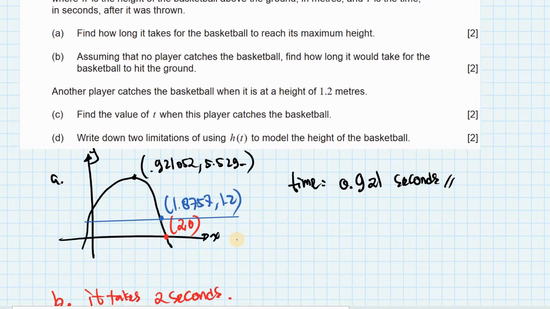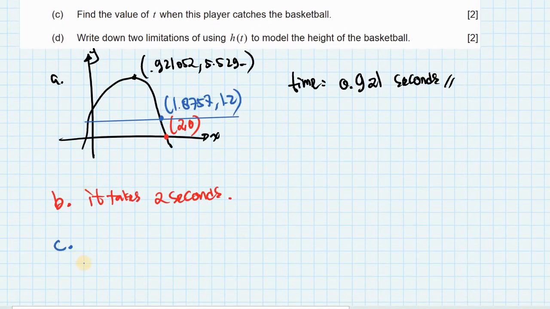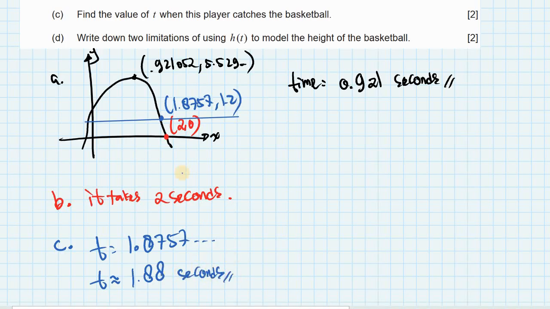So it means t is equal to 1.8757 blah blah blah, or t is approximately 1.88 seconds. Okay, you may sketch a new one, but as long as it's clear here, this is our steps, it's okay.